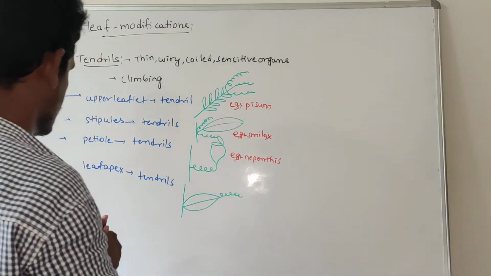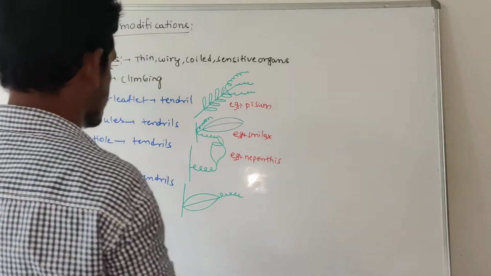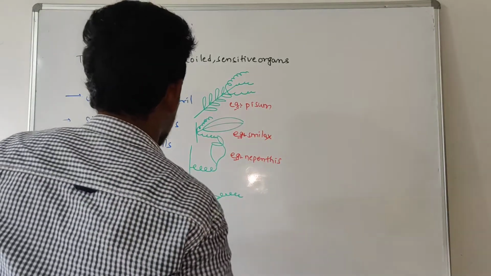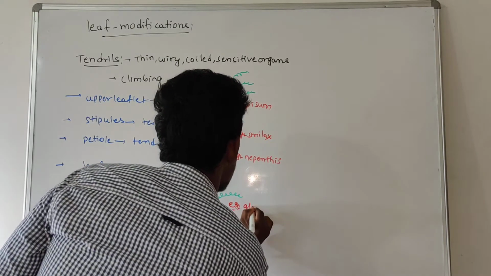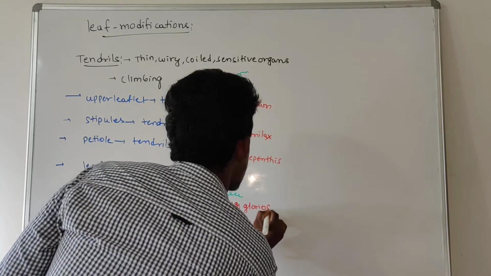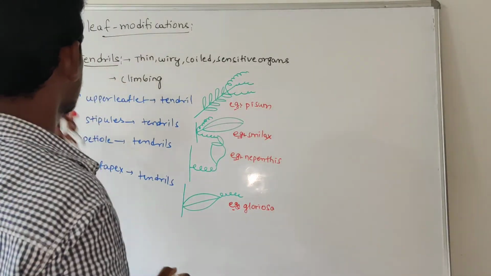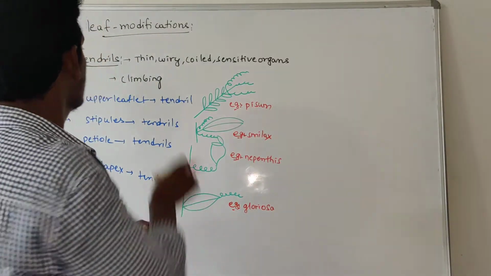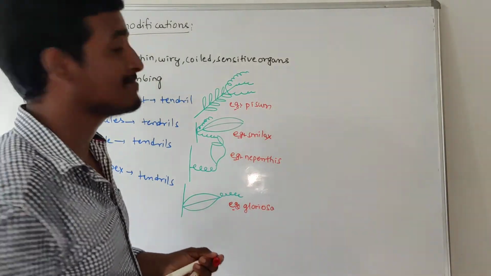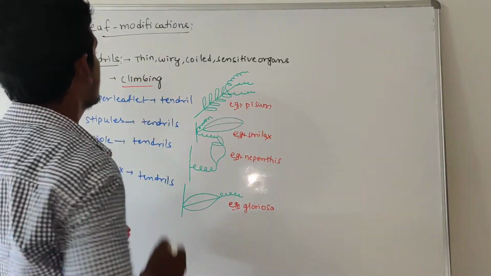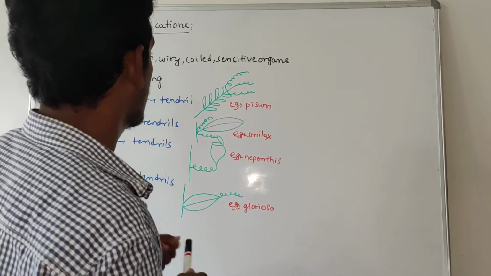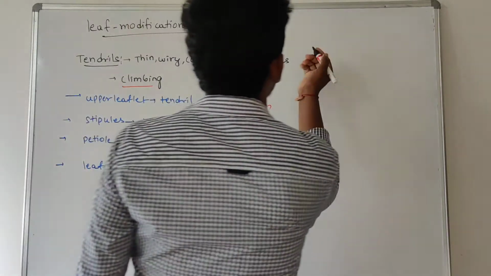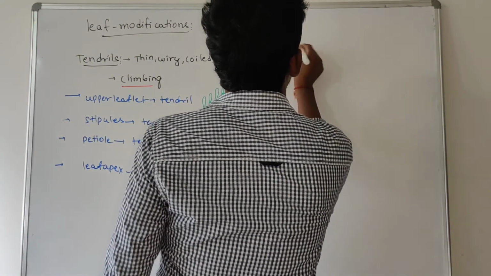The example for this one is gloriosa. Right? So it is about tendrils. What is the main function of tendrils? It mainly helps in the climbing purpose. Next we will discuss another leaf modification, that is spines.